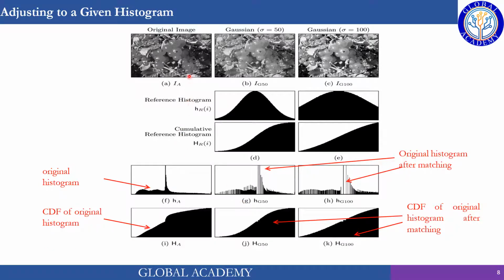So we have an original image, which is just an input image, and then we would like to transform this image so that its cumulative distribution looks like a Gaussian cumulative distribution function. And similarly, another Gaussian histogram but with wider variance.